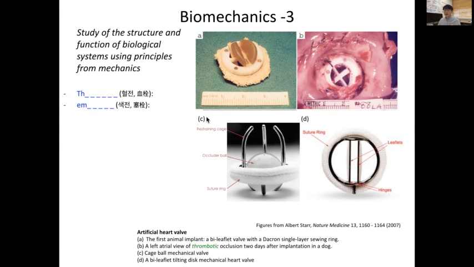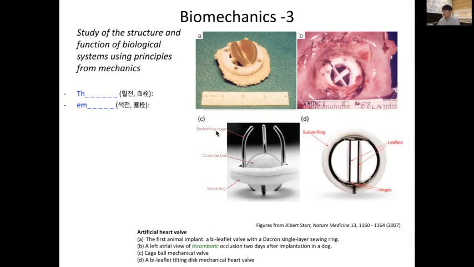One design of the artificial heart valve is called the caged ball mechanical valve. You can understand from here, when the flow goes in this direction, the ball is displaced and flow can go. But in the other direction, when the flow tries to go back, this ball will block, so it functions as a valve.